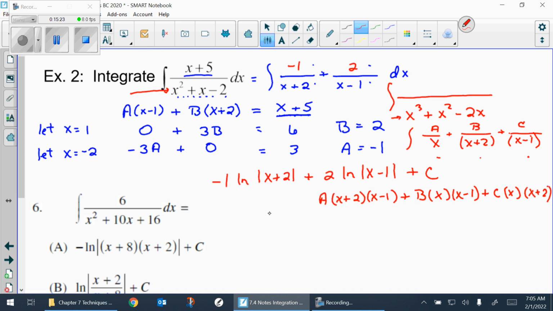I would again start with, let's say, let x equal negative 2, let x equal 1, let x equal 0. And I would be able to figure out the value of A, the value of B, and the value of C if the bottom factors into 3 factors. I don't think AP would go beyond that. So just wanted to give you a heads up there.